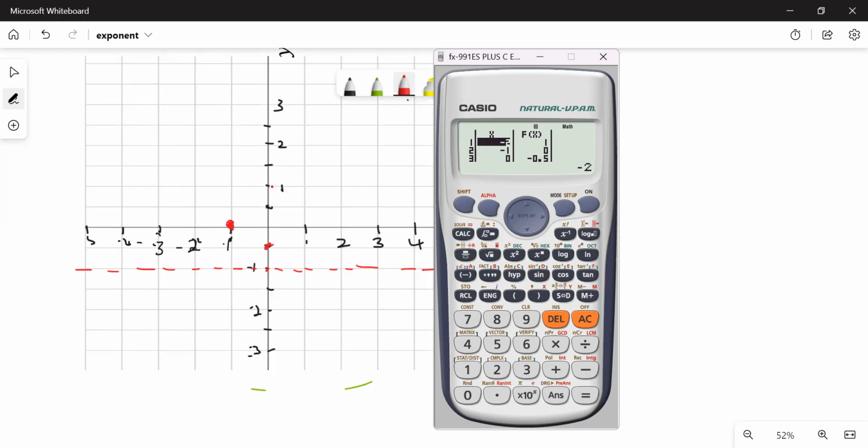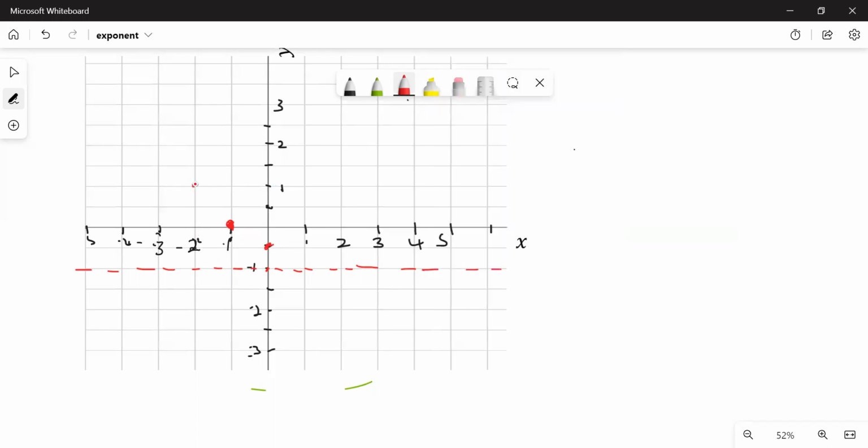Minus 2 is going to go with 1. And then minus 1 goes with 0. And then you can connect these two. From 0, you go to minus 0.5. At 1, you go to minus 0.75, which is here.